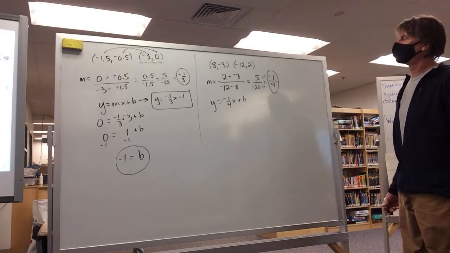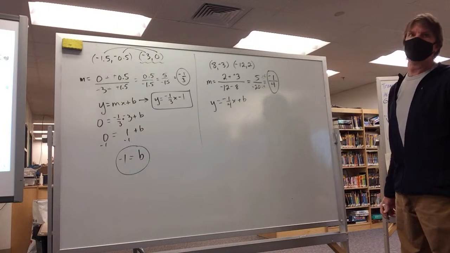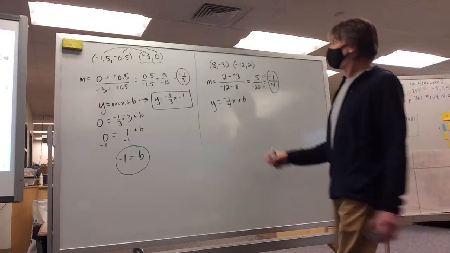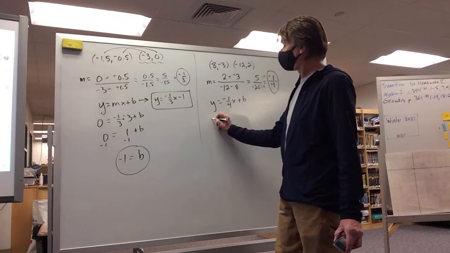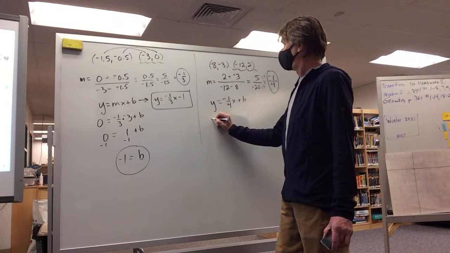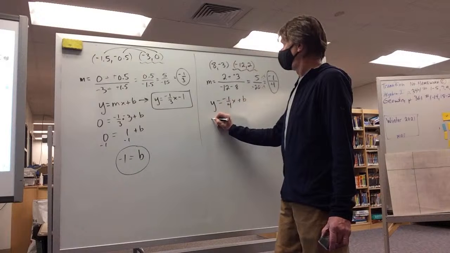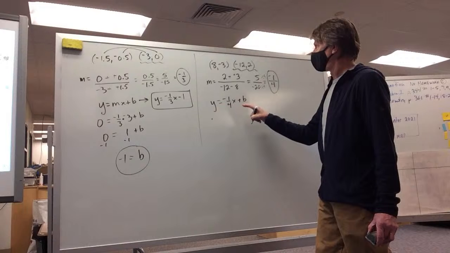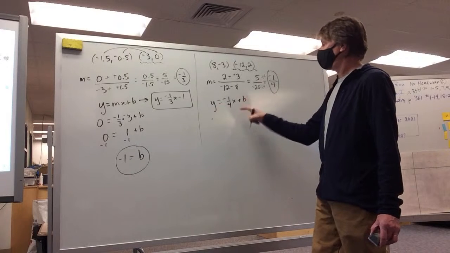Which point do you want to use? It doesn't matter. You want to use -12 and 2. So, tell me what to write if we use this one. y equals -1/4 times -12 plus 2.